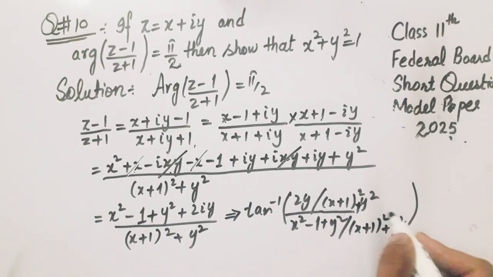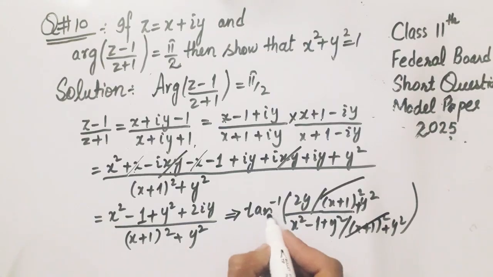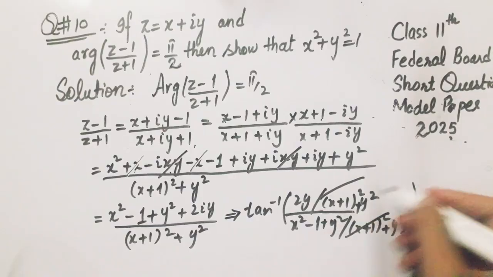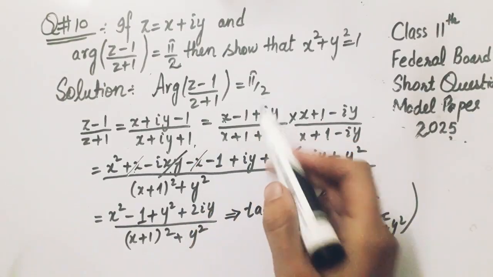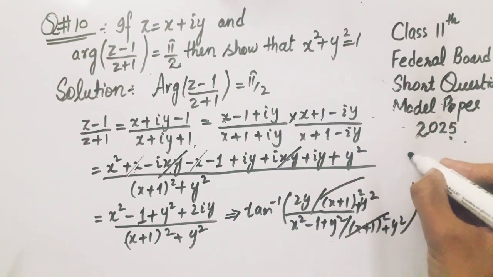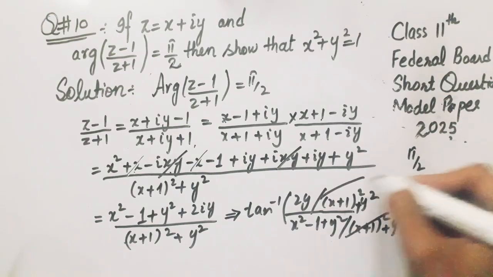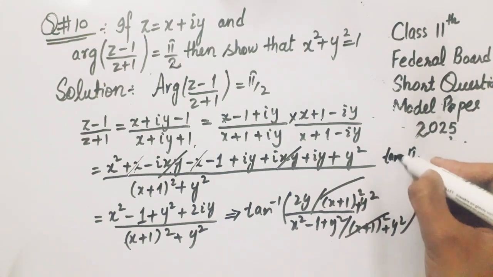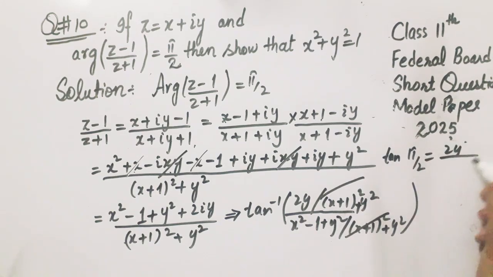So these terms are cancelled out and we have just tan inverse of 2y by x square minus 1 plus y square. Now we have the value of this is pi by 2. So tan inverse will become tan pi by 2, which is equal to 2y by x square minus 1 plus y square.